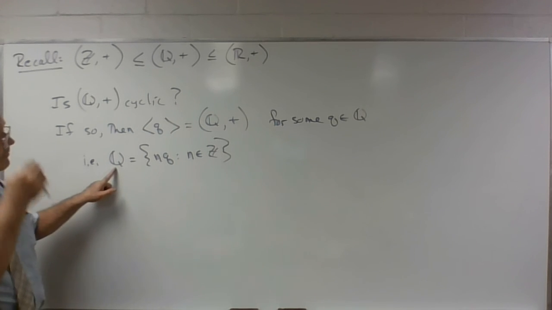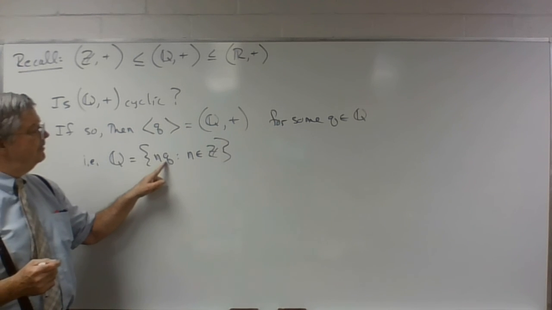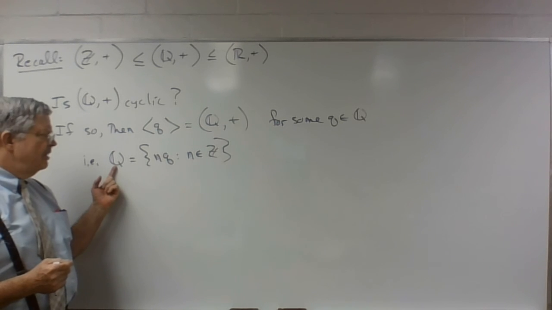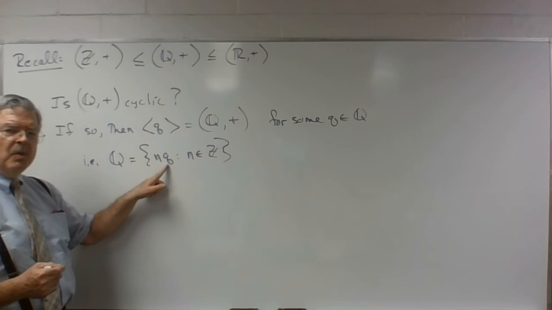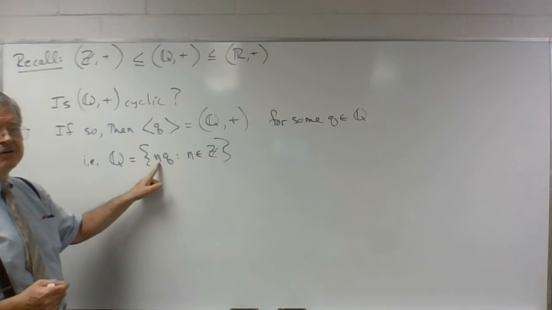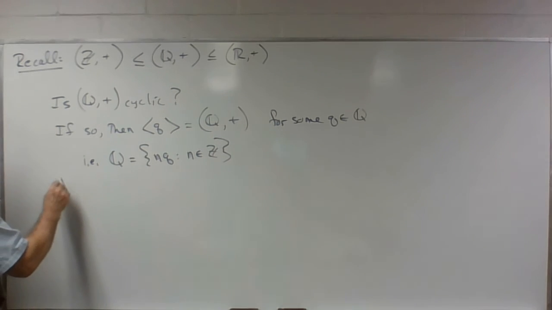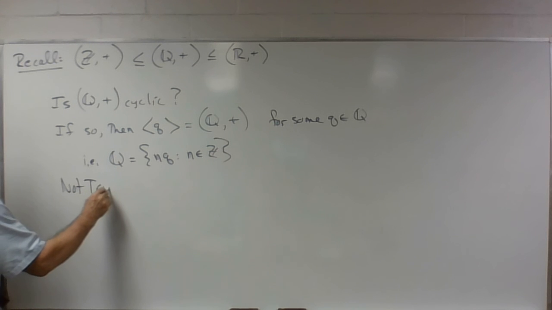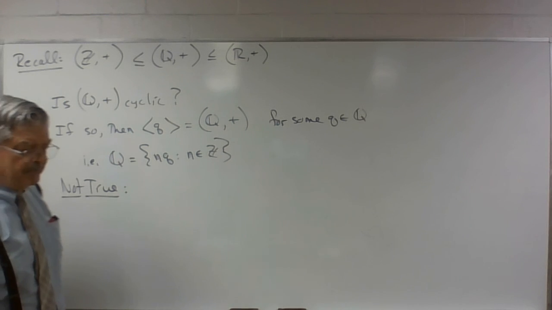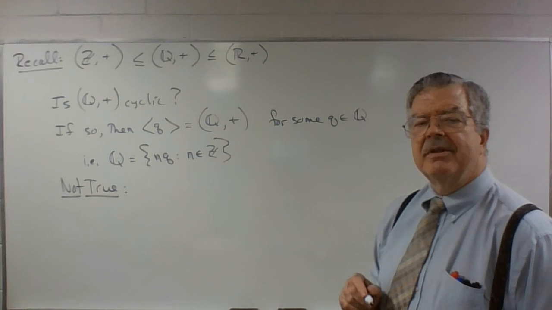So the entire set of rationals is equal to integer multiples of this rational number q. We can get every rational number just by taking this one rational number q and multiplying it by the right integer. Is that true? No. And some of my students were sharp enough to figure this out, and I was well pleased with that.